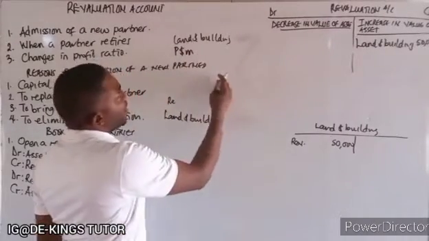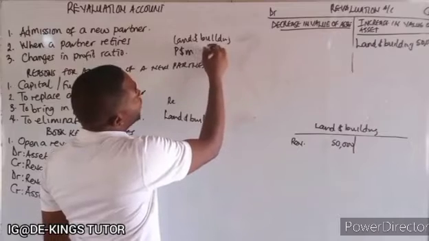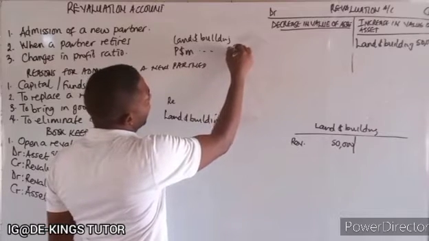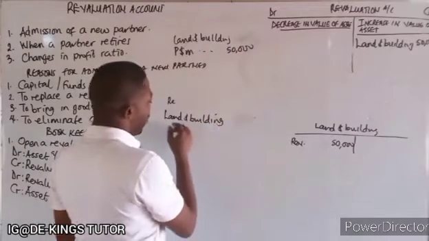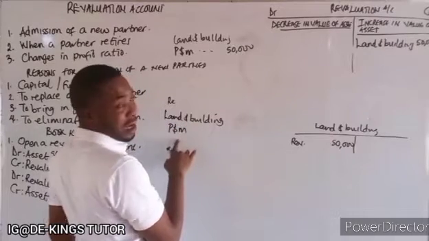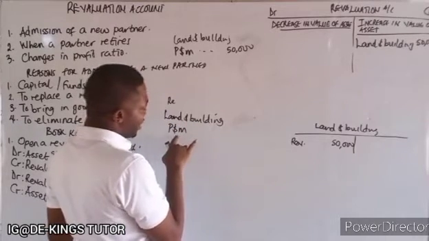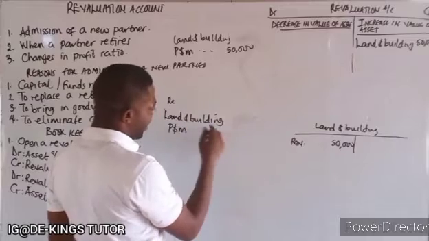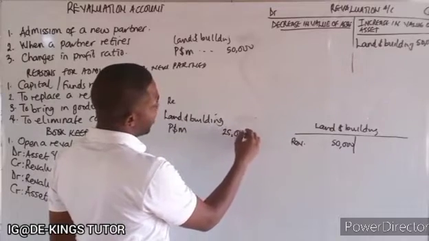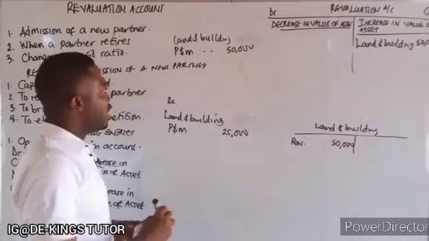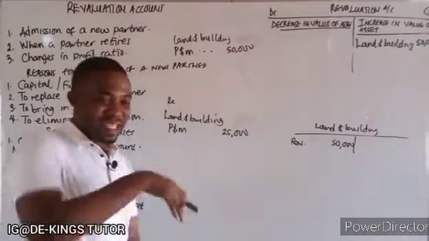The plant and machinery, the old value is 50,000, while we have the revalued value of the plant and machinery is 25,000. Now if you notice here, the old value is higher than this. It means there's a decrease.